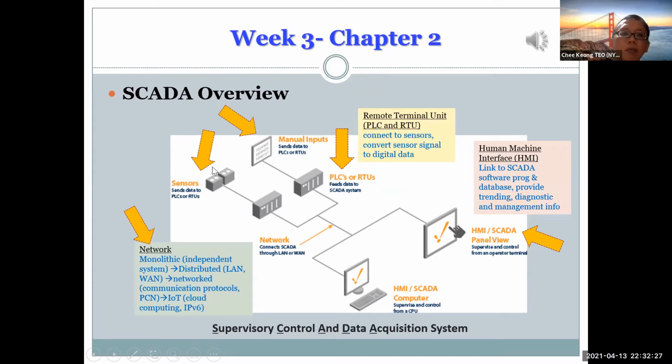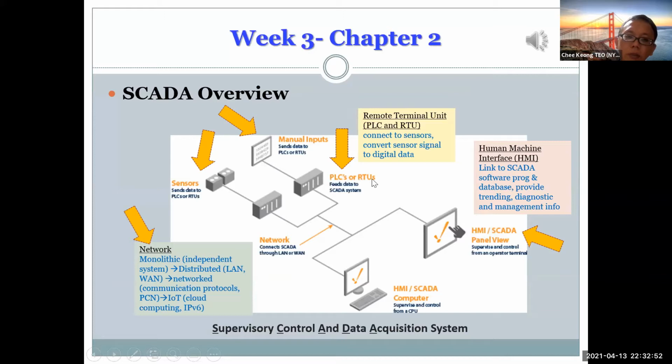A sensor is basically to sense the environment. And of course, sometimes a sensor cannot be used, then you have to have a human keying in the data, right? Once you have this, you will transfer this information to what we call the remote terminal unit, or RTU, or PLC, right? PLC and RTU. So basically, PLC is the programmable logic controller, right?